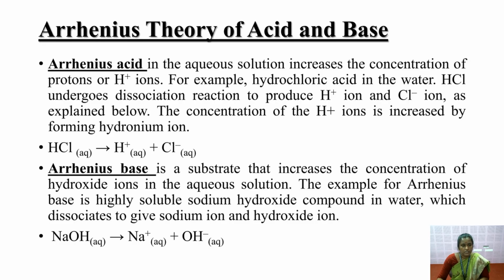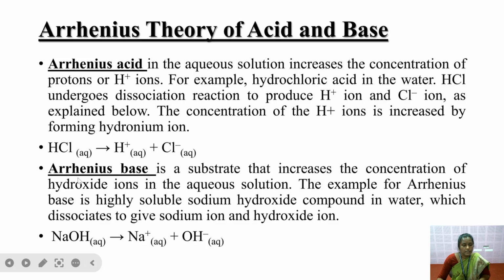Hydrochloric acid, HCl, undergoes a dissociation reaction to produce H+ ion and Cl- ion. HCl gives H+ plus Cl- in aqueous solution. So the concentration of H+ ions is increased, forming a hydronium ion. The H+ ion concentration increases in an Arrhenius acid.